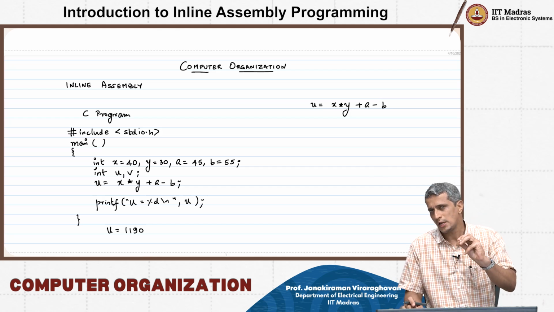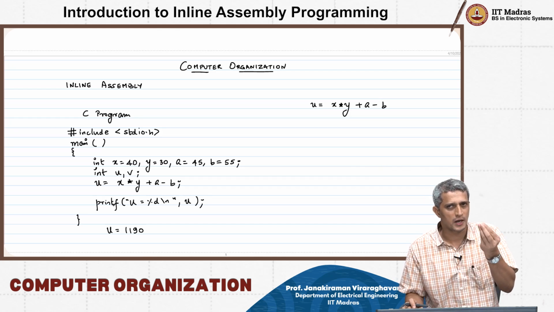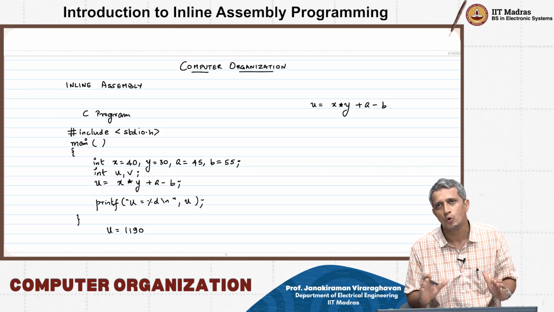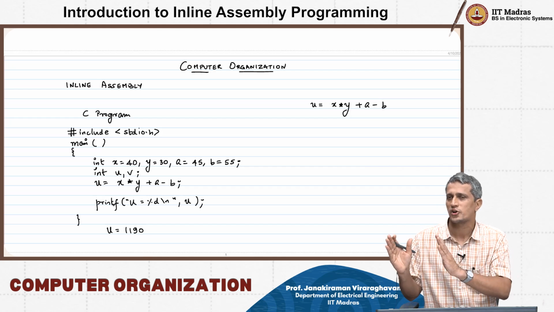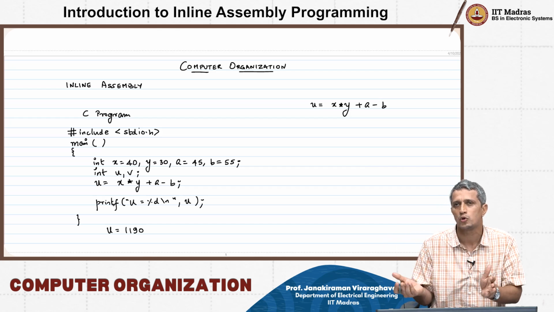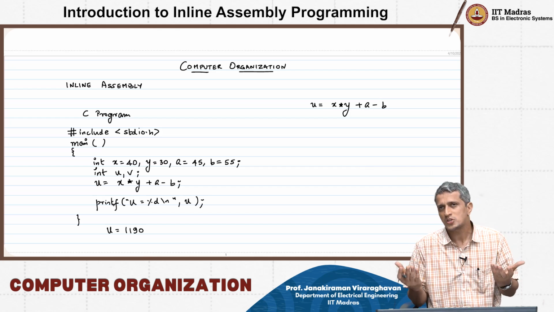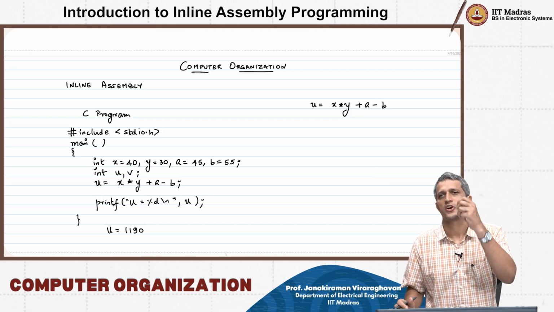Now the idea of inline assembly is that certain parts of a C program we can technically move to assembly language programming, because we might want to speed it up or exploit certain assembly instructions. Later in this course we will look at how a C program is actually taken to assembly, and we will be able to explain every single instruction the compiler generates. But suppose the compiler does not exploit a certain instruction very well.